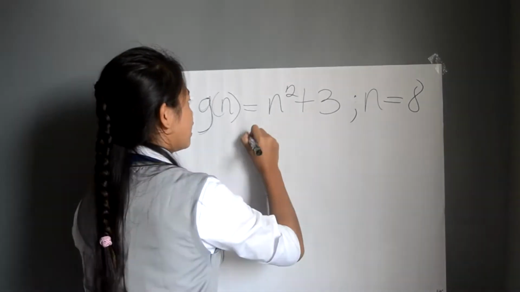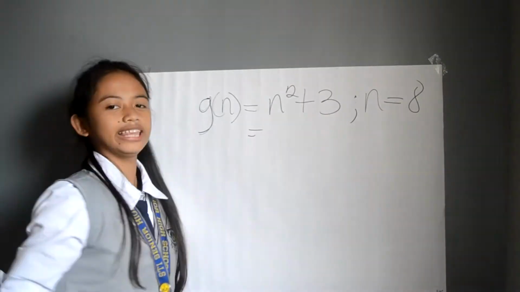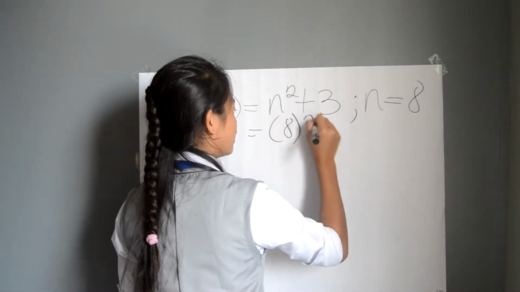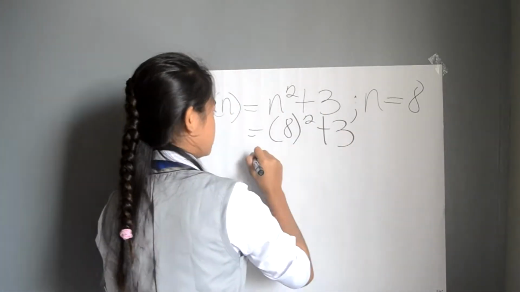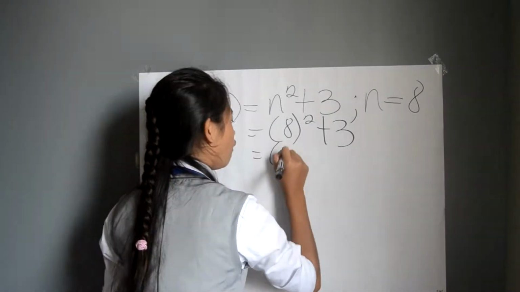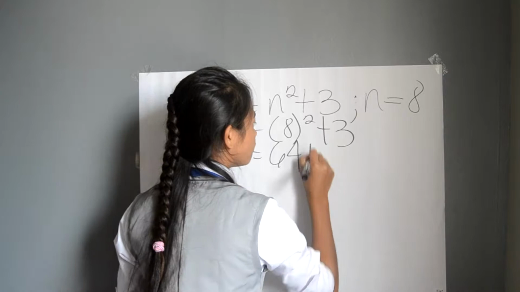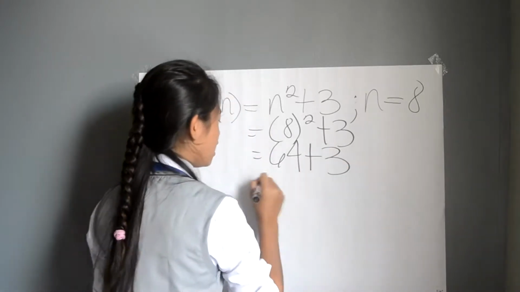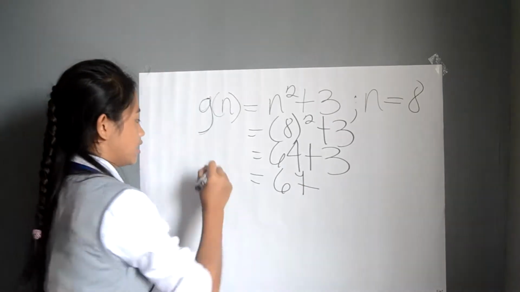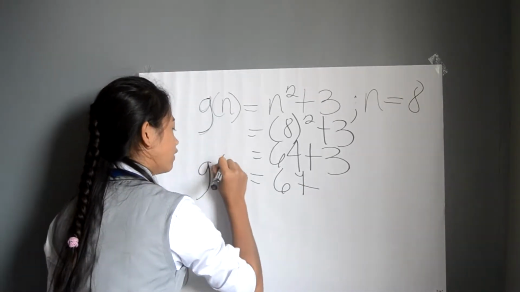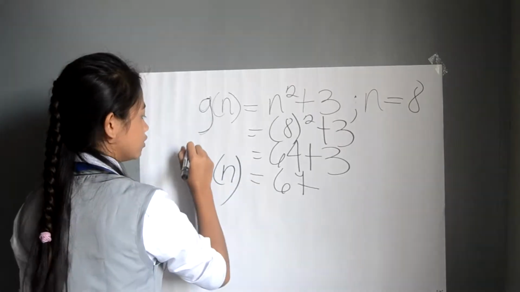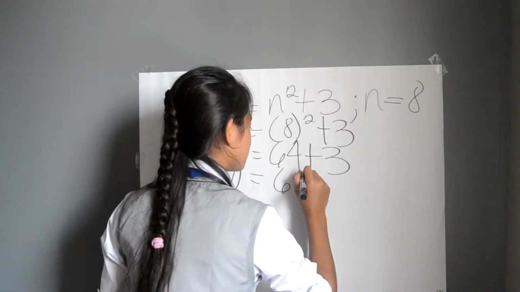So, yung n, papalitan natin ng 8. 8 squared plus 3. 8 times 8 equals 64. 64 plus 3 equals 67. So, copy the g of n. So, this is the answer.